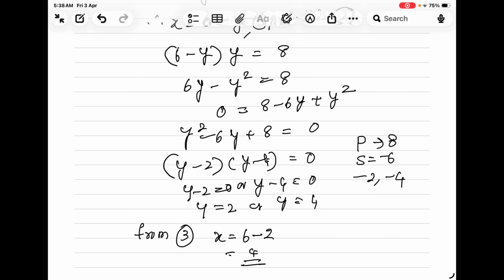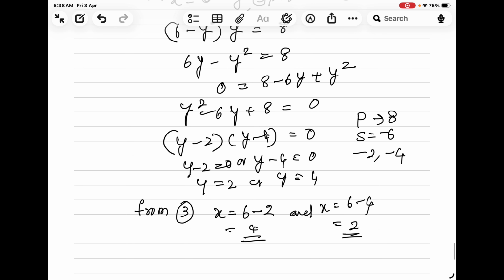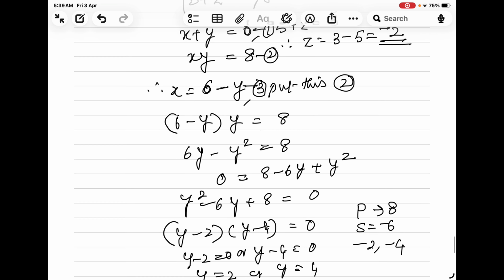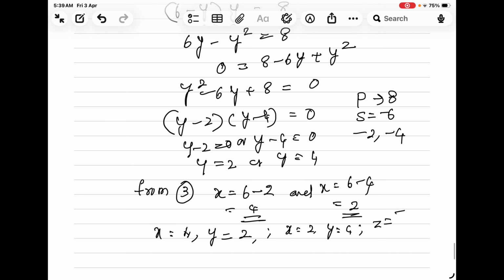For Y equal to 4, X equal to 6 minus 4, which is equal to 2. So what are the values? X equal to 4, Y equal to 2, or X equal to 2, Y equal to 4, and Z equal to negative 2. These are the values.